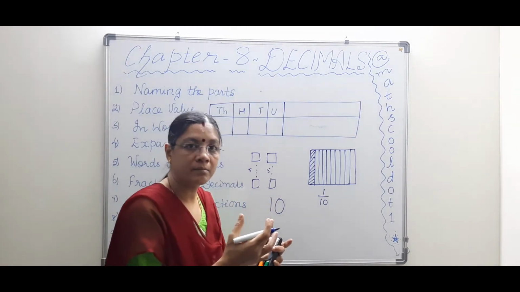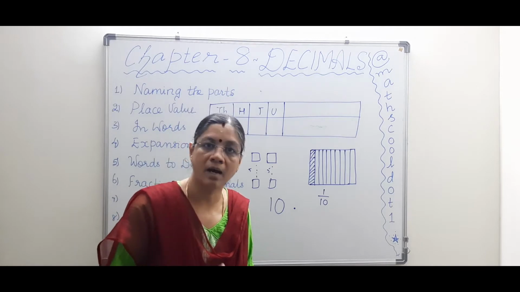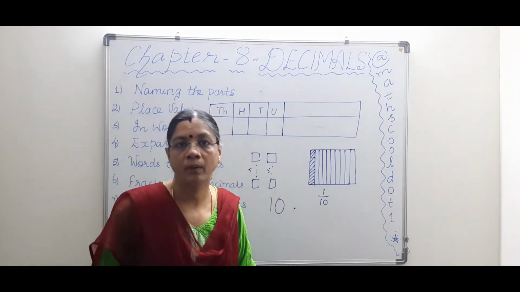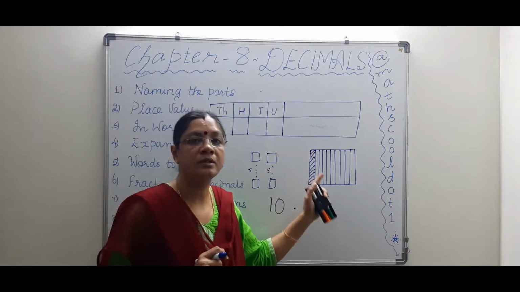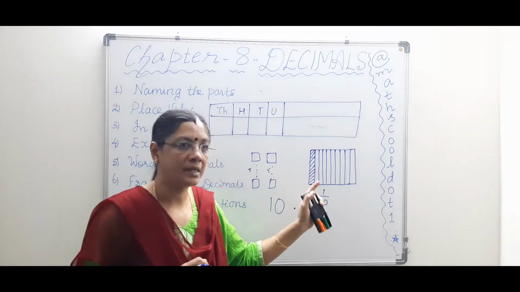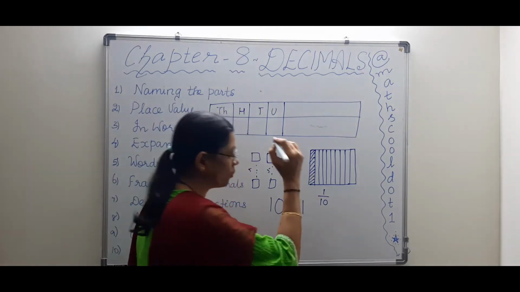So how do I write a decimal number? I should put a point here. Next, I should start writing the decimal number, if any. Here I have 10 equal parts, out of which one is shaded. So the number in the decimal part means only one part is shaded out of 10 parts. So I write just 1 here.